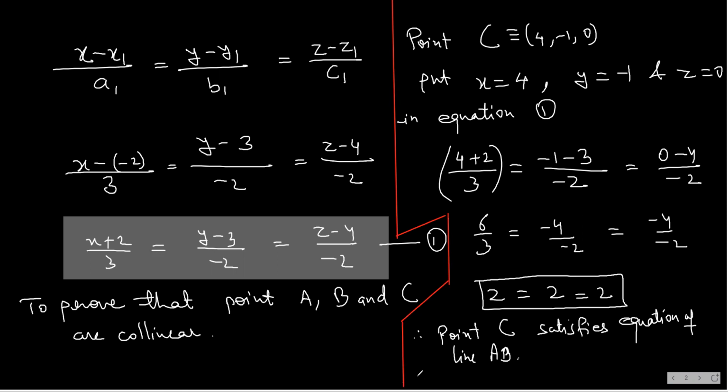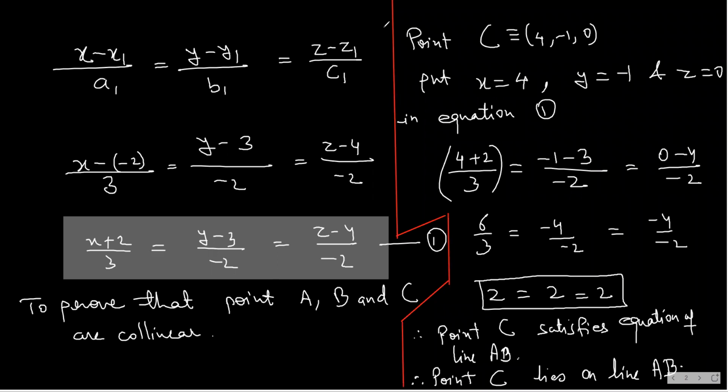So here I will say, therefore, point C lies on line AB. Now listen, students, if point C lies on line AB, that means the 3 points are collinear.